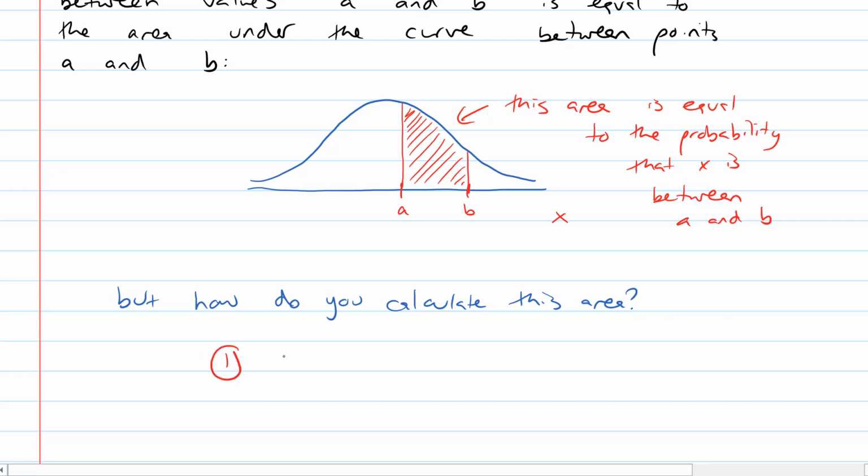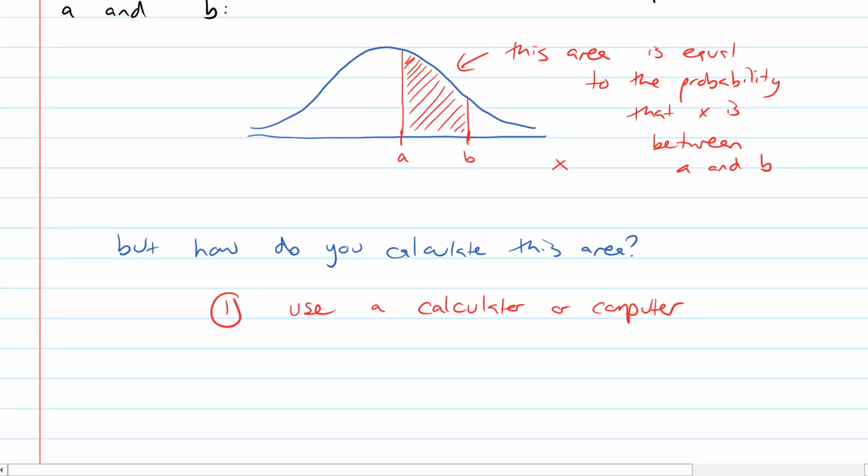One, well, you use some numerical methods, and you use a calculator or a computer, which of course is the preferred option. Some variety of technology. And the way that we did this in this class up until now is we'd look it up in a table of values.